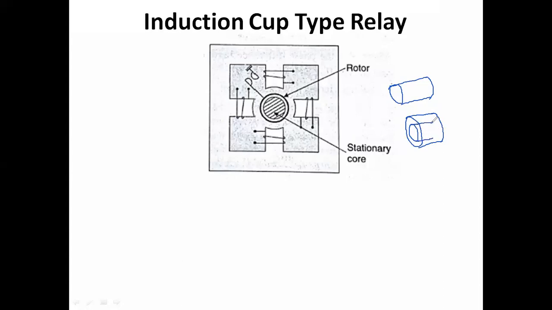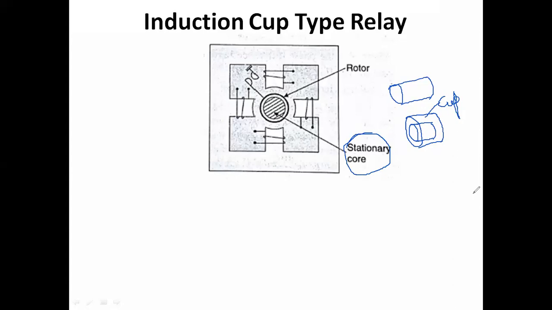This is called a stationary core. This will not move, but the outer cup can move in a clockwise or anti-clockwise direction.